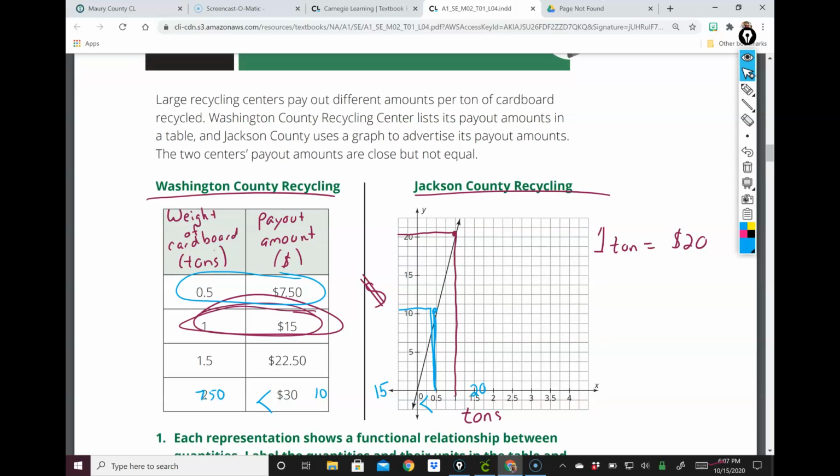It doesn't say what 3 tons are, but I bet we can figure it out. If my rate is 15 minus 7.5 over a half, 1 minus 0.5 would be a half, and 15 take away 7.5, and a half goes into 7.5 15 times.